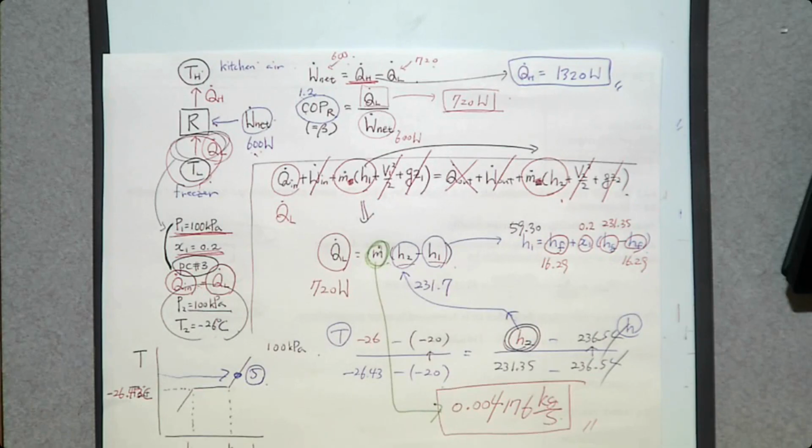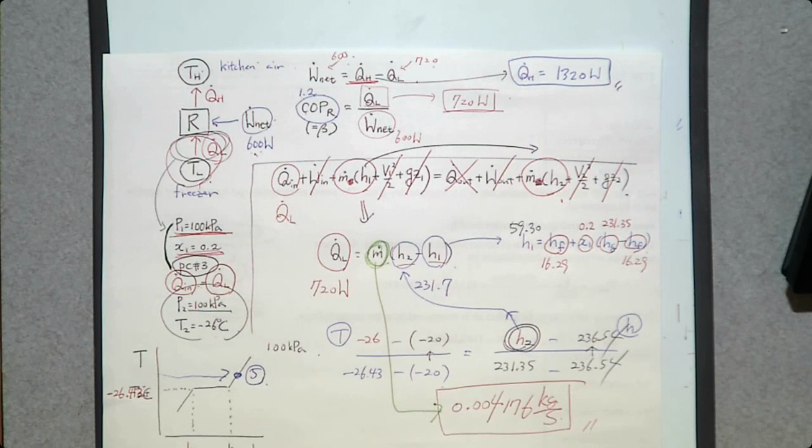So that's everything about how to evaluate the performance of 3 cycles: heat engine, refrigeration system, and heat pump. That was the first half of this chapter 5, and we are talking about the other half.